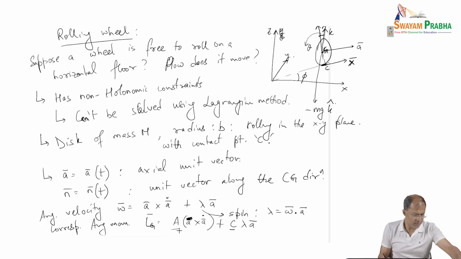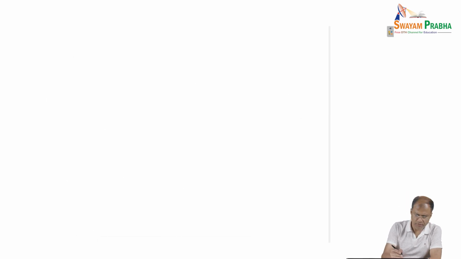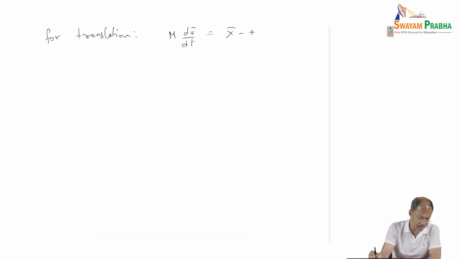Okay, so then we can write down the various equations of motion of the body. The first equation of motion is the equation for translational motion. So for translation we see that m times dv dt is X minus mg k.